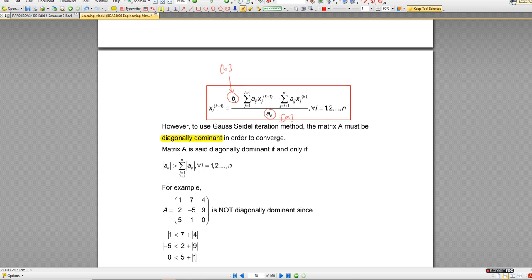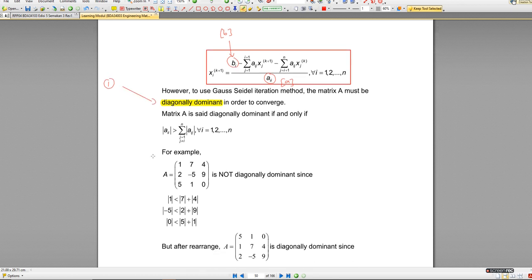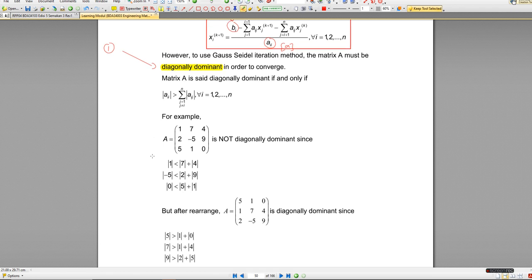Okay, however, to use the Gauss-Seidel iteration method, the matrix A must be diagonally dominant. So you have to ensure that the matrix is diagonally dominant. Let's say for example this one, just look at the diagonal element here. Is it diagonally dominant or not?